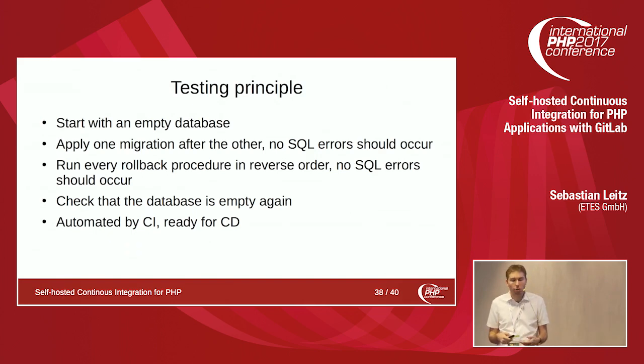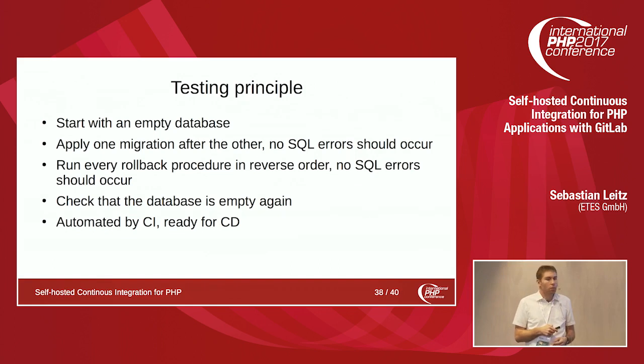So you rerun your migration script, and it starts going back through all the rollback files, and then you make a structural dump of the database, and it should be empty. If it is not empty, you might have missed cleaning up something during a rollback file. And if something happens, like one of the SQL commands has an error, it will also break the chain. So you have validated your database migrations here.